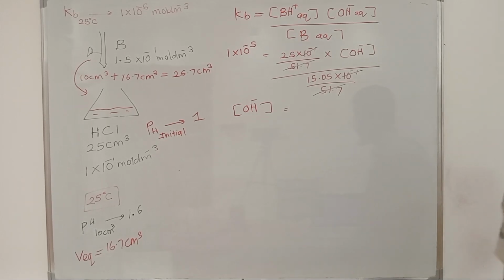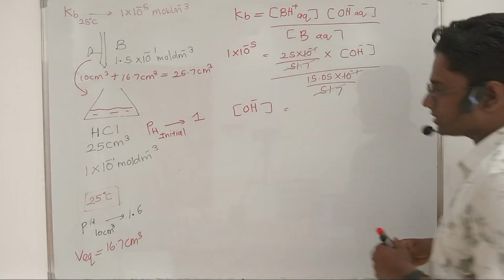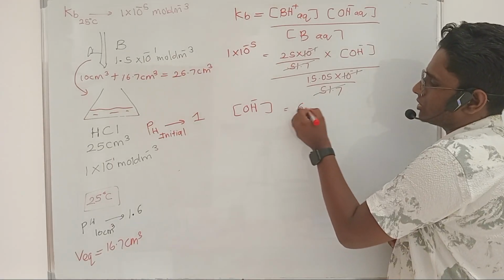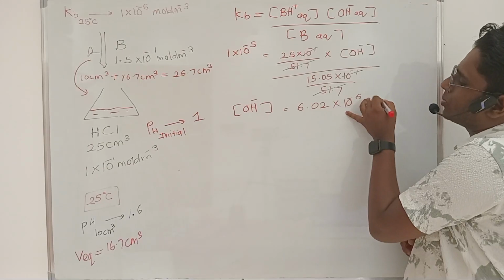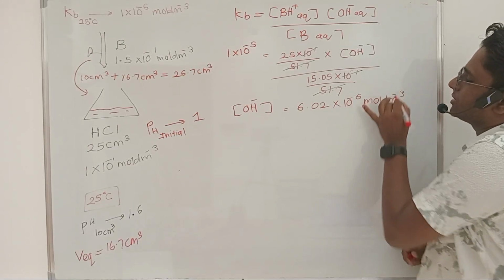I'm getting 0.602, right? So I can write it as 6.02 into 10 to the power minus 6 mole dm minus 3. That is the concentration.